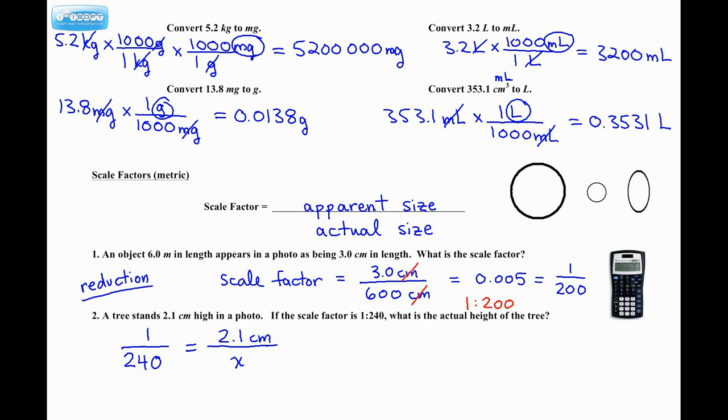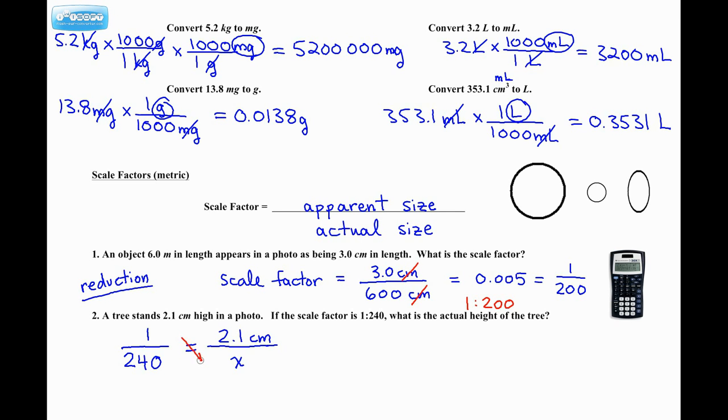If you don't know when to use it, chances are you shouldn't be using it. You can only use cross multiplication if you have a fraction equal to another fraction. Okay? If I had a number over here, let's say plus 2 or whatever, forget about cross multiplication. It doesn't work. Okay? It's just a trick that allows you to solve these problems faster. But you have to know when you can and can't use it.